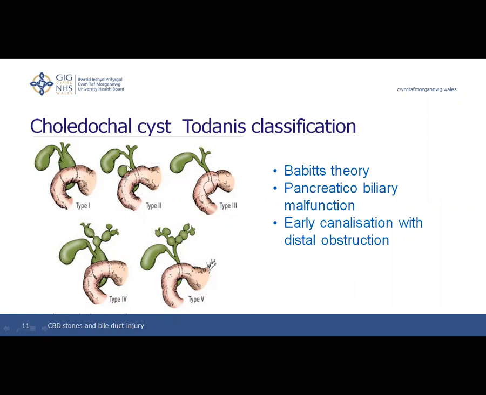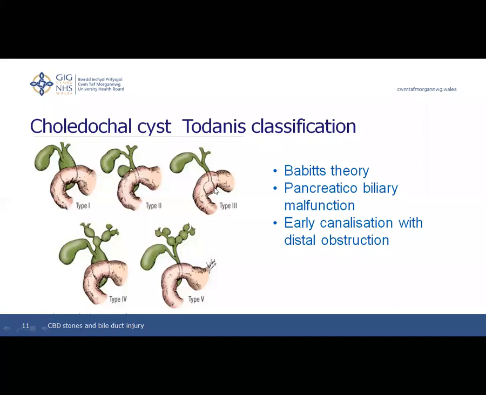And there is a second type where there is a circular dilatation of the common bile duct at one particular point. And the third type is otherwise called choledochocele, where the part of the common bile duct which is attached to the duodenum gets dilated.